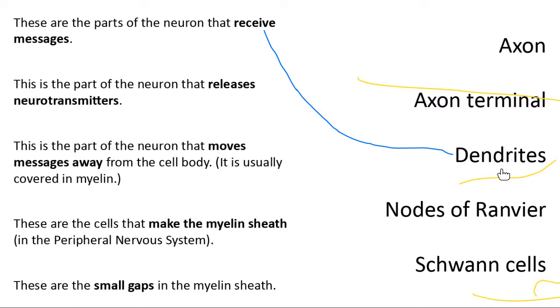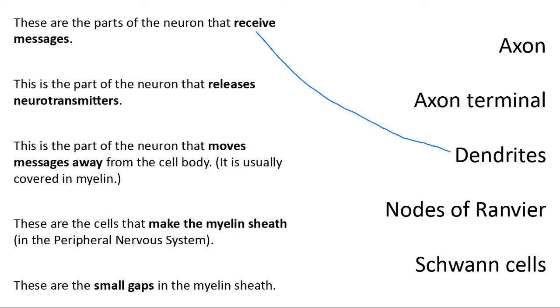Whenever we're talking about the kinds of channels that we see on the dendrites, remember that those channels are receiving chemicals, or receiving neurotransmitters. So on the dendrites of my neuron, we're going to see gated channels that open up because my neuron received a chemical message. So far, we've said that the dendrites are the part of my neuron that receives a message, that message being a neurotransmitter.